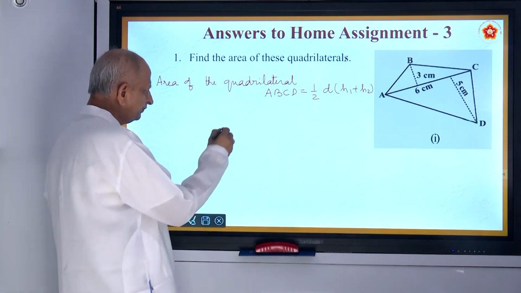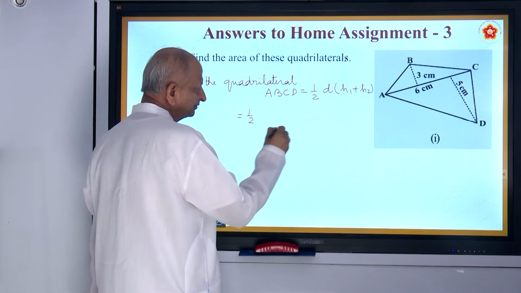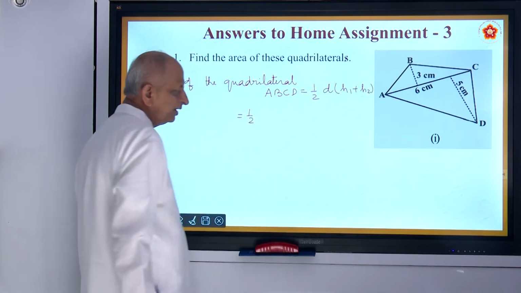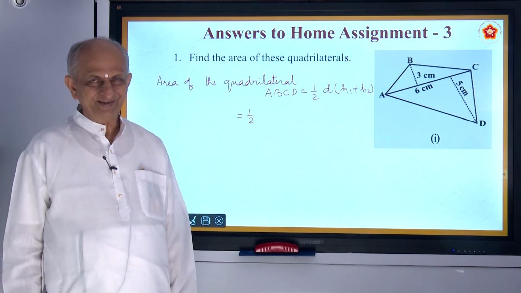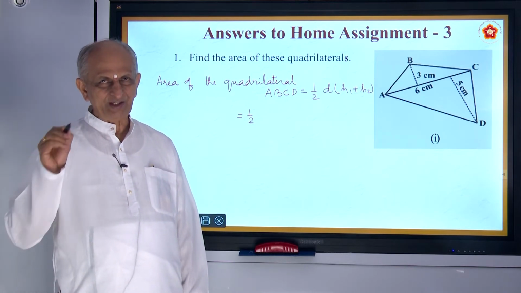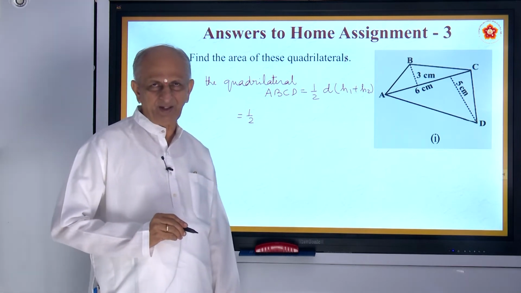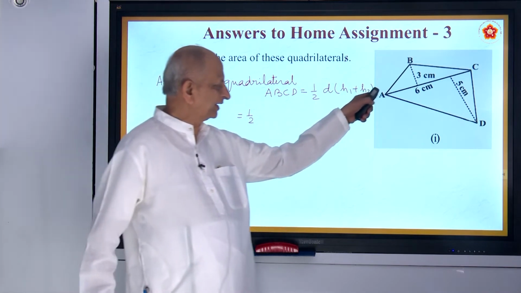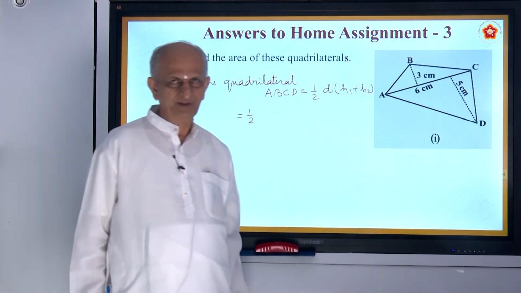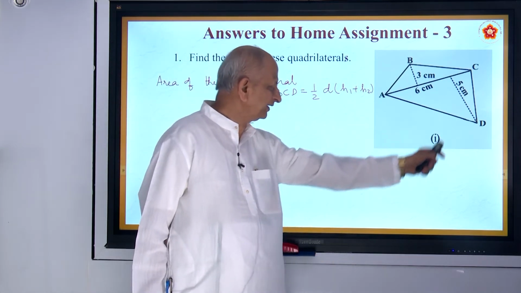That is equal to half of, what is d given? See the figure. What do you mean by diagonal? Diagonal means the line joining the opposite vertices. How many diagonals will be there in a quadrilateral? 2 will be there, correct? Here one diagonal is shown, AC. What is the name of the other diagonal? BD, correct?